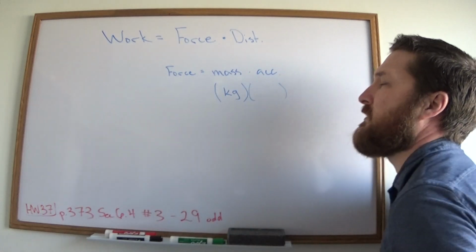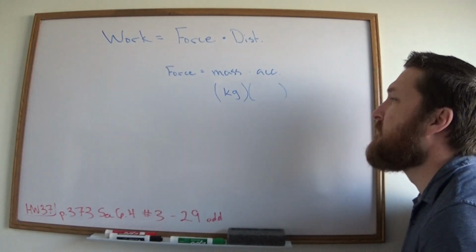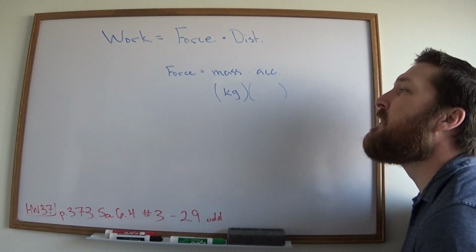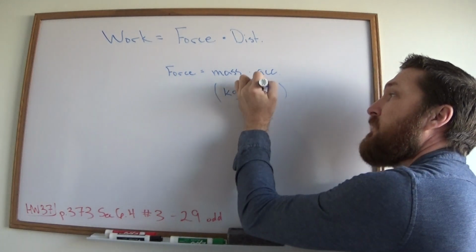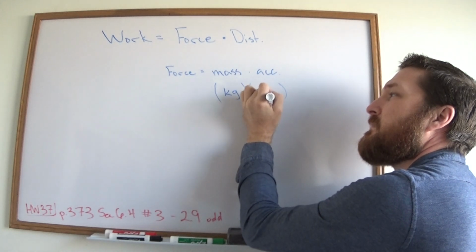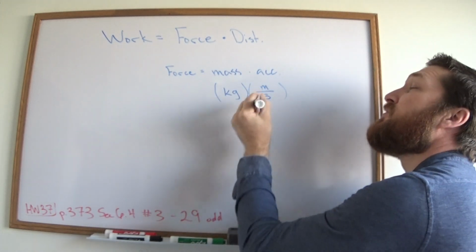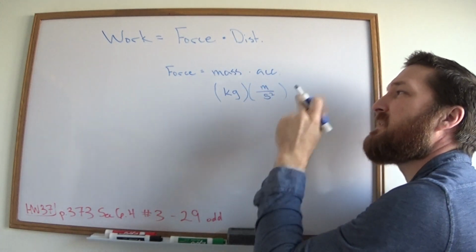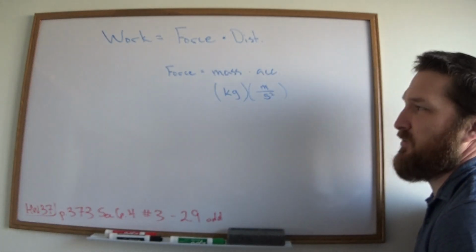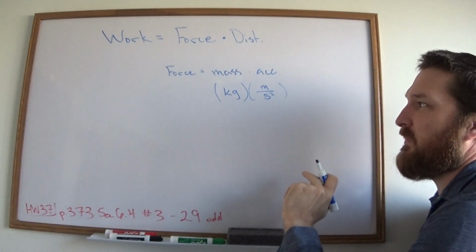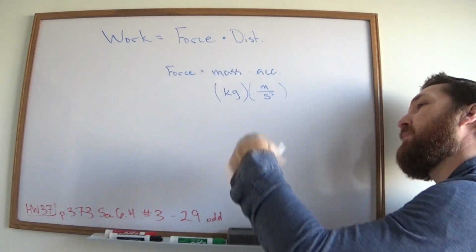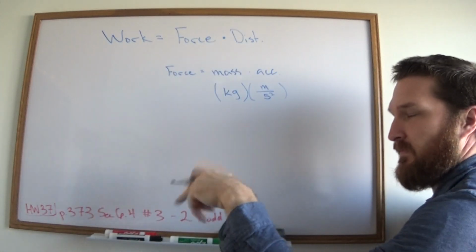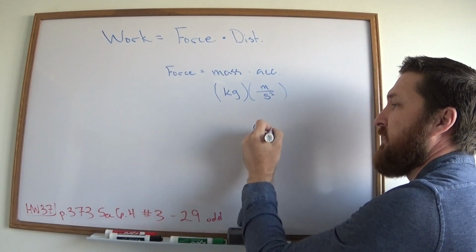And acceleration is in meters per second squared, because it's the second derivative of position. Meters per second would be velocity. Then you do another per second, taking another derivative.